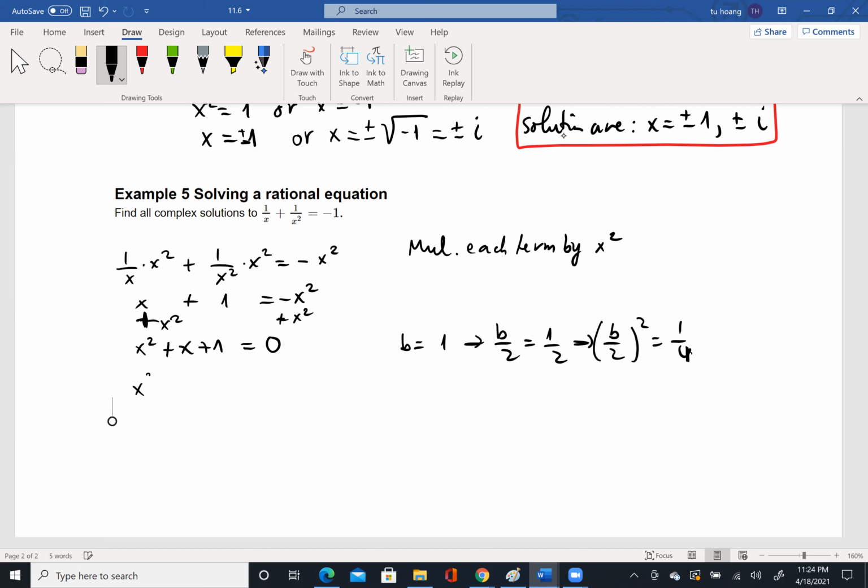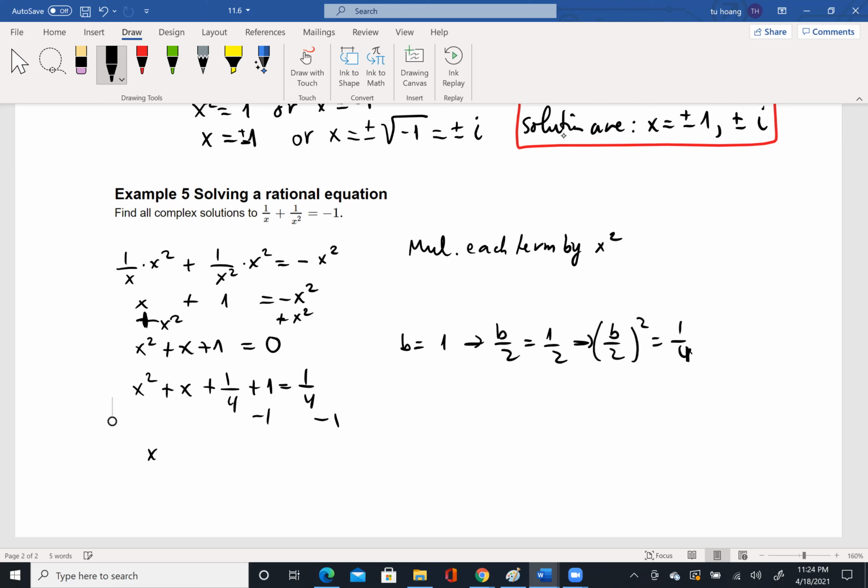So I have x squared plus x plus 1/4, and I can move this 1 to the other side.